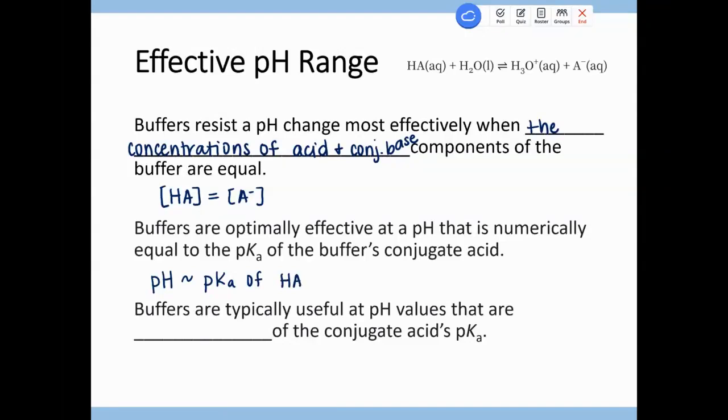They don't have to be exactly equal. The goal pH and the pKa don't have to be exactly equal, but buffers are useful at pH values that are within plus or minus 1 of the acid's pKa.